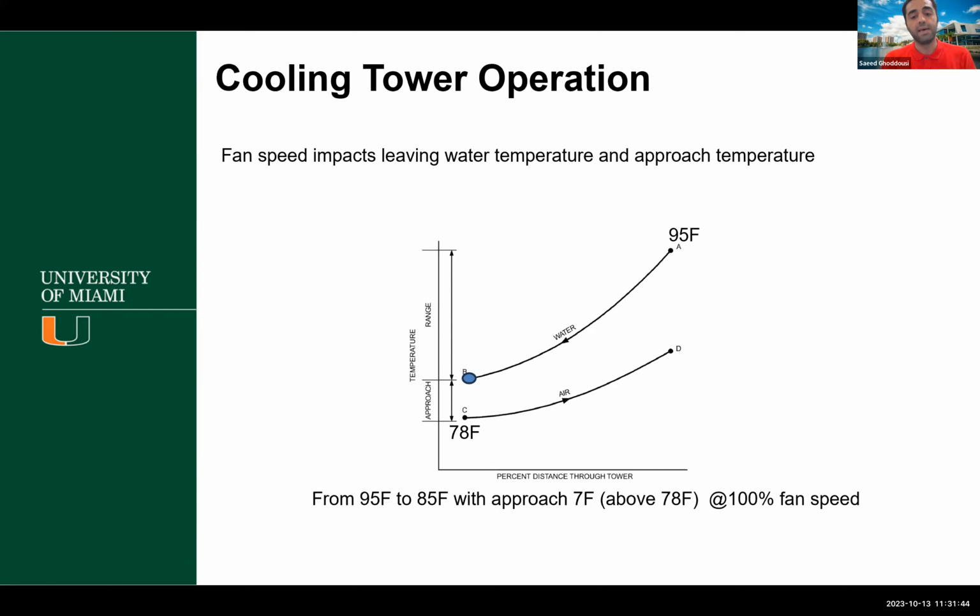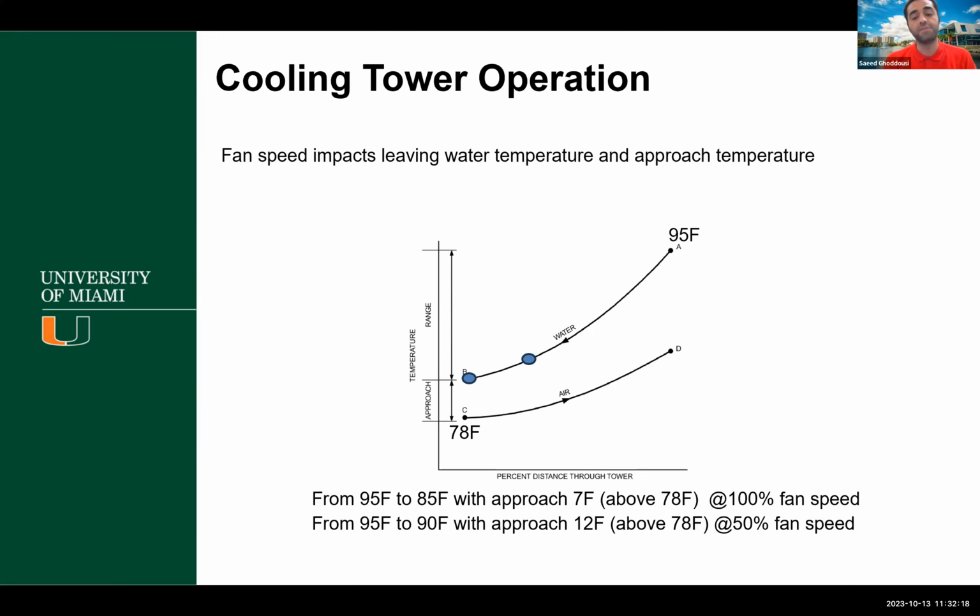Our water temperature is reduced from 95 to 85, and our approach temperature is 7 degrees higher than the ambient air temperature. The ambient air wet bulb temperature is 78 at 100% fan speed. If we reduce the fan speed, for instance to 50%, the leaving water temperature increases to 90. From 95 to 90, you can see at higher points, and the approach temperature will be around 12.